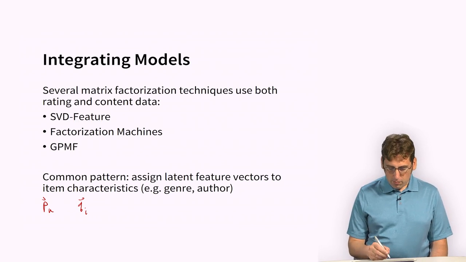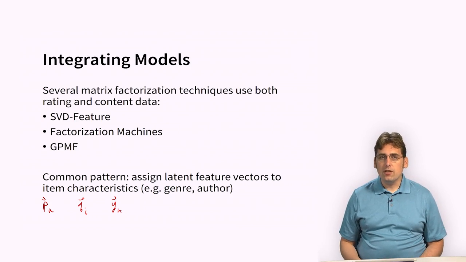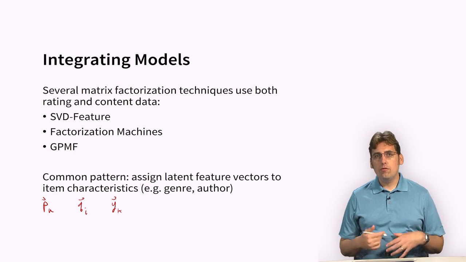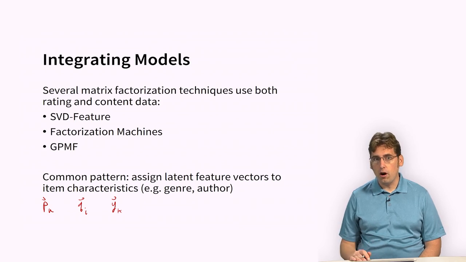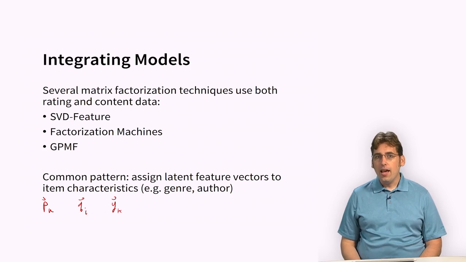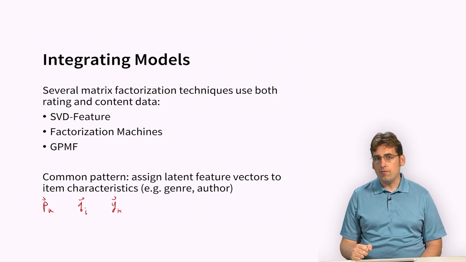We'll also have some other, we'll call it Y sub K for some feature K, for some characteristic K. So it might be that you've got a particular latent feature for music albums from a particular label or from a particular producer or artist, and that allows us to get additional information about what latent features are going to be in play and share latent features across items that are related by some identifiable characteristic.